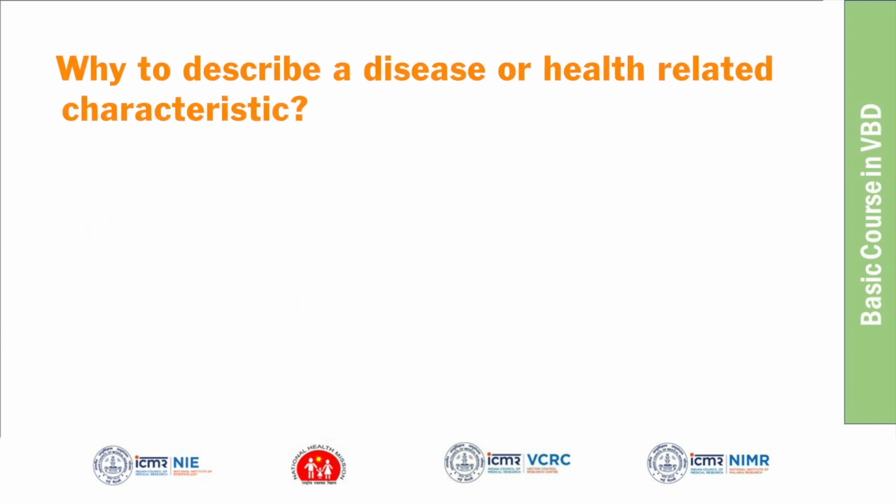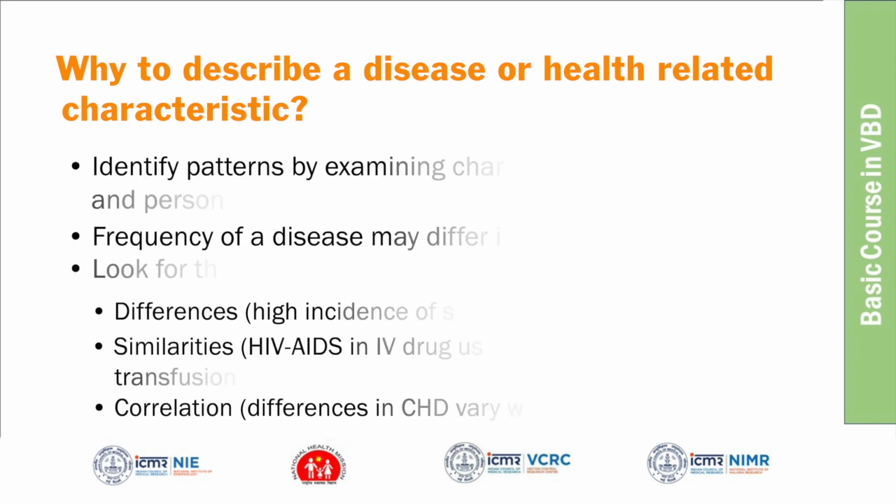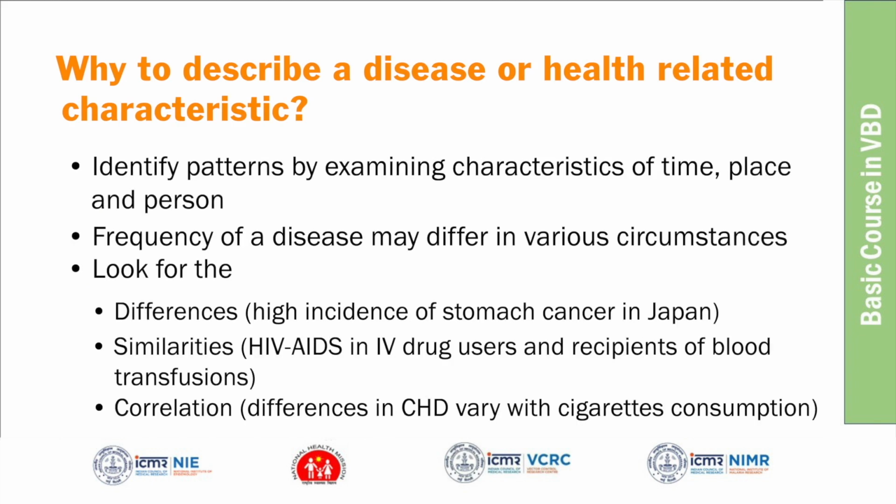If you ask why we have to describe a disease or health-related characteristic, why I am repeating it again and again along with the disease: epidemiology does not only deal with disease conditions or illness, it is also concerned with wellness or any health-related characteristic in the population.